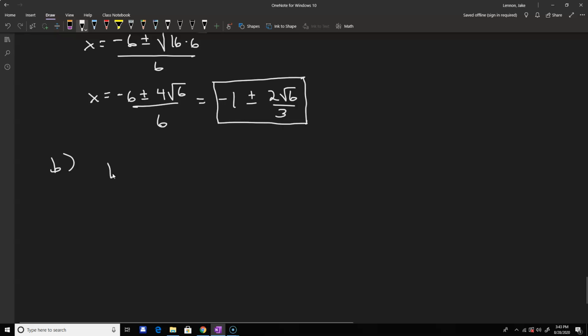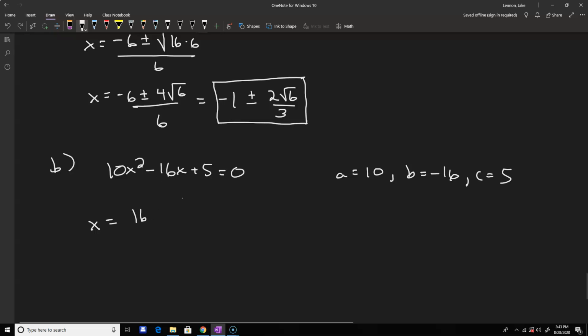Okay, let's go ahead and do one more practice example here. So we have 10x squared minus 16x plus 5 equals 0. So again, here A is going to be 10, B is going to be minus 16, and C is going to be 5. So we can jump right into the quadratic equation. That means x has to be the opposite of negative 16, which is going to be positive 16.